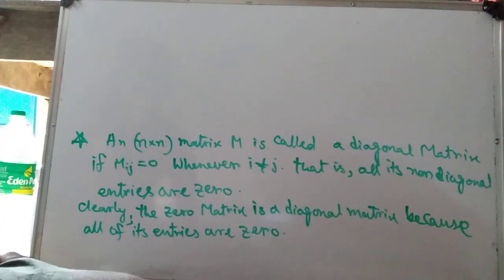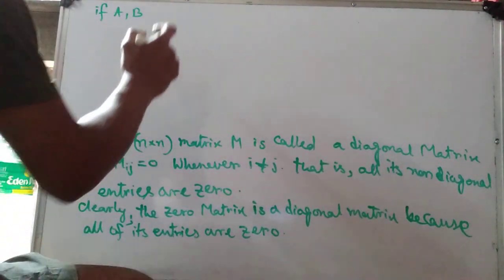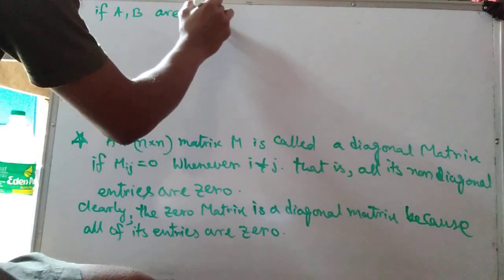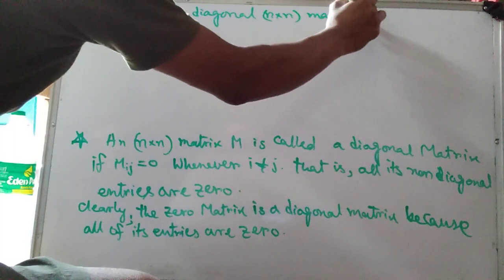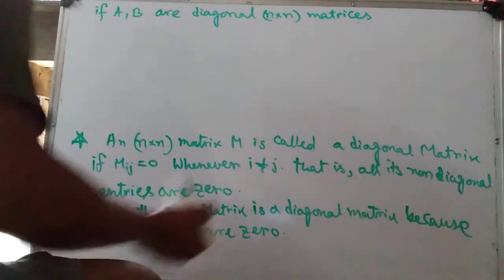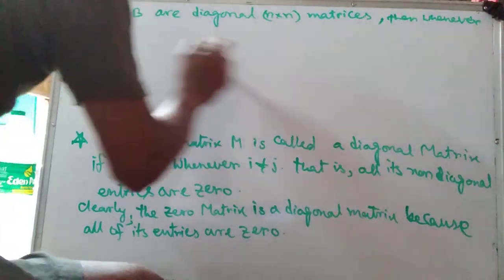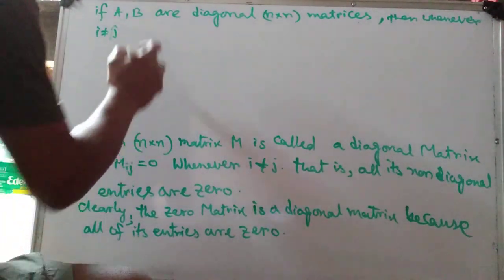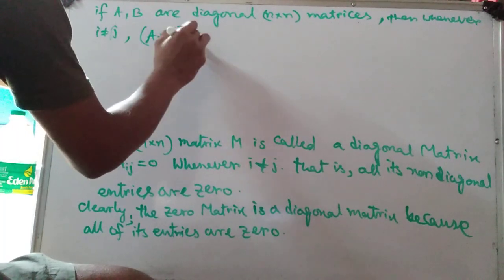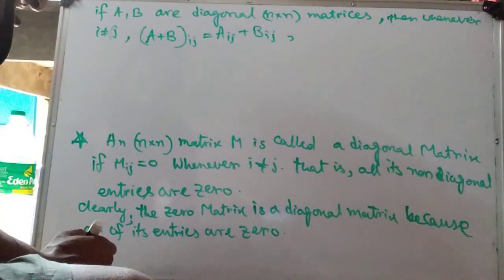We also know that if A and B are diagonal n cross n matrices, then whenever i not equal to j, (a plus b)ij equals aij plus bij, and then what happened?